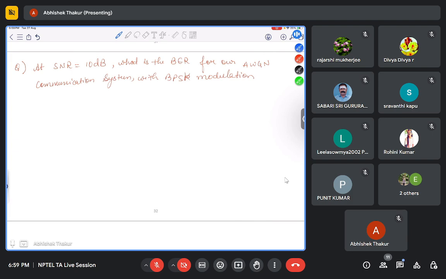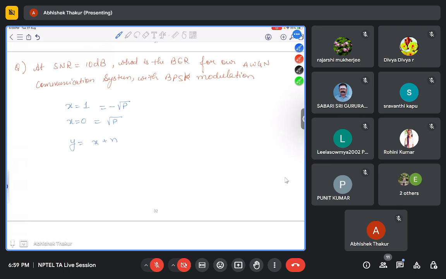Before moving to the question, we'll see what the bit error rate is for BPSK modulation. Let's suppose x equal to 1 is denoted as minus root p, and x equal to 0 is denoted as plus root p, and the received signal y is equal to x plus n.